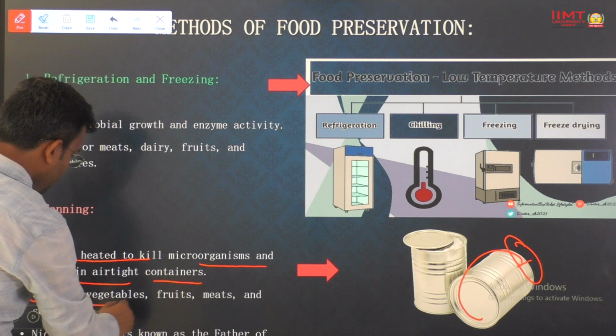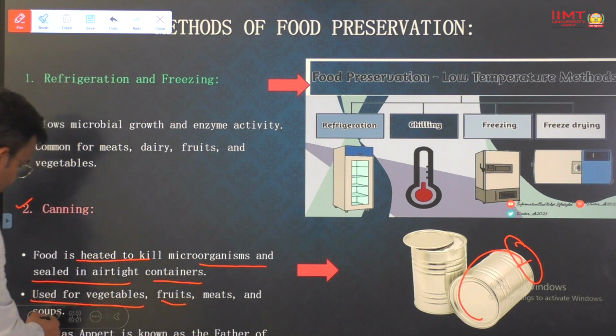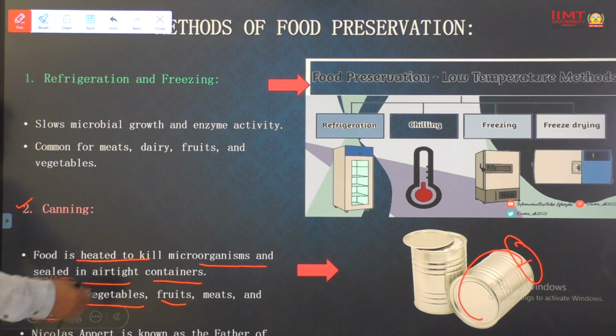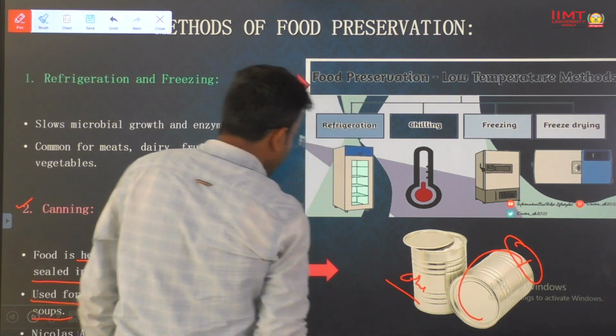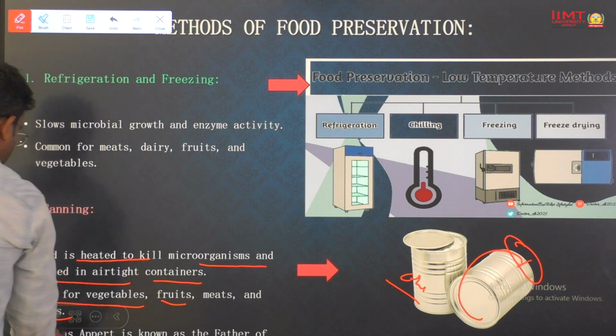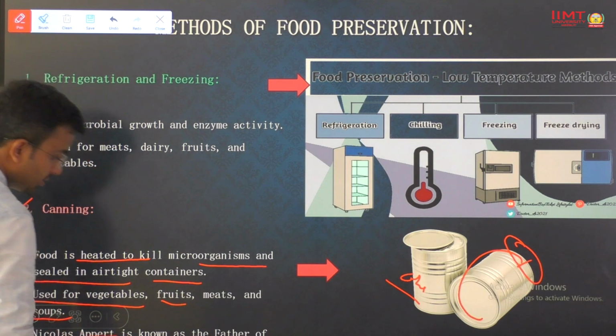It is used for food, vegetables, meat and soups. The inventor of canning, known as the father of canning, is Nicholas Appert.